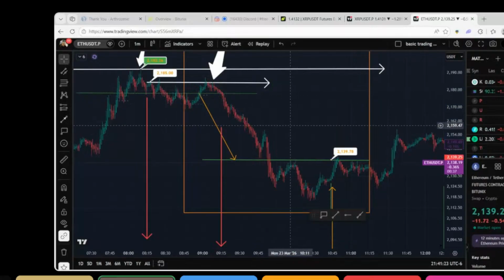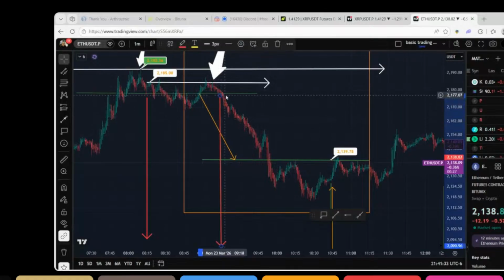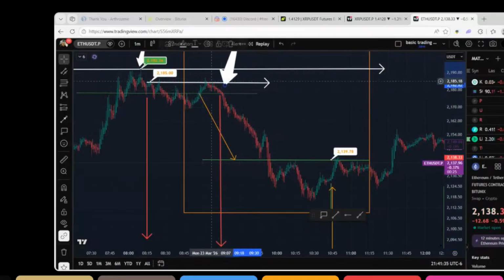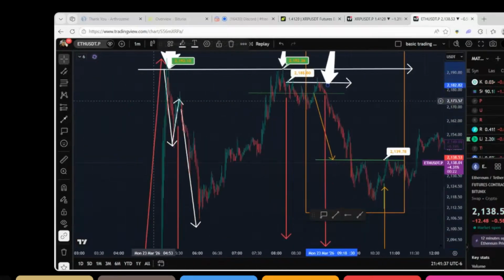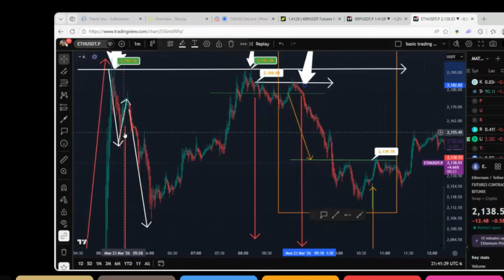All right, so now when we look at this, deciding which one of these red entries we would have taken, notice the second one doesn't have the bounce that the other ones had. Every other one of these red candles, when it came in, there was a bounce that happened.